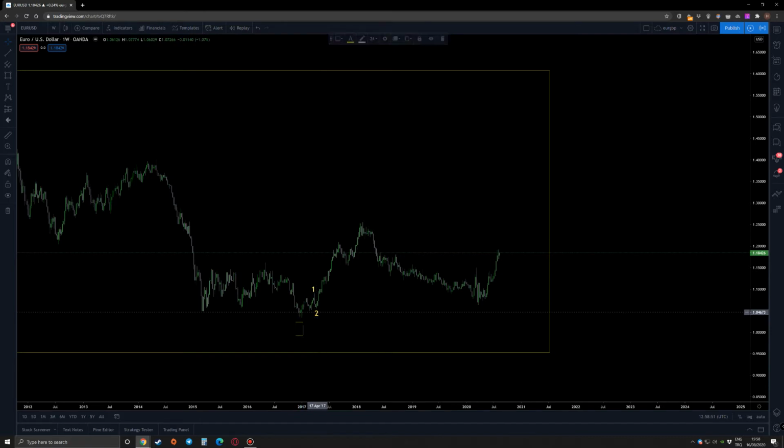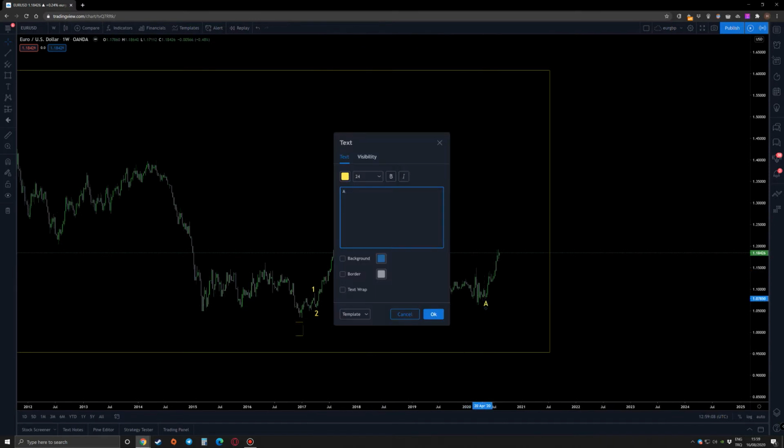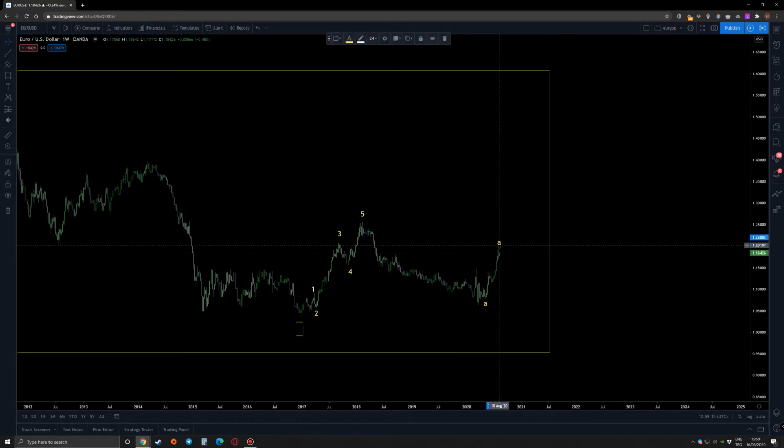And you will have a third wave and a fourth wave, they will say, and a fifth wave. Which is good, I'm not saying anything about this. And what is this? This is A, like this, A, B, and maybe we will have a C wave.